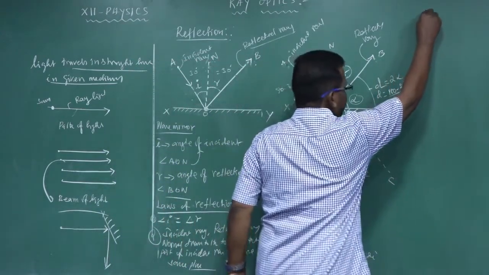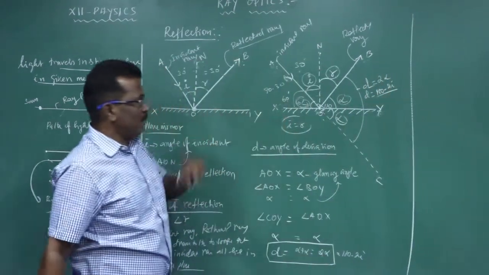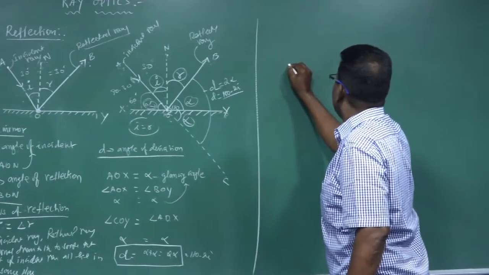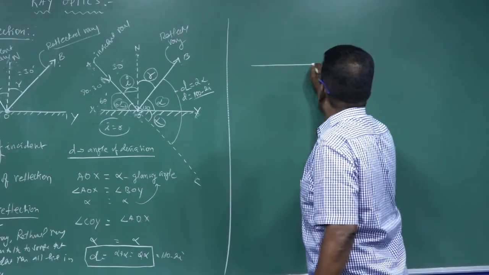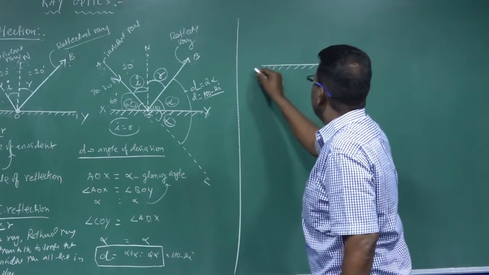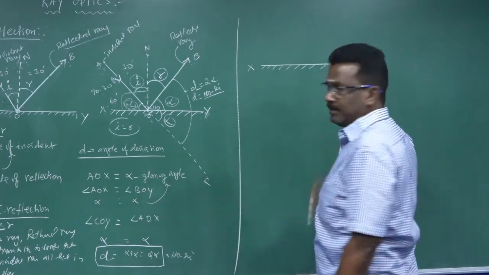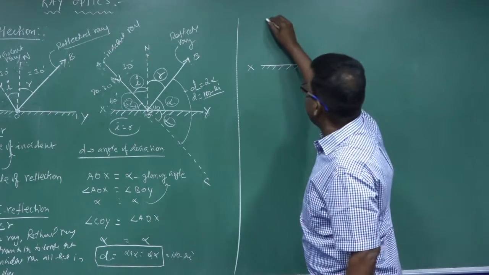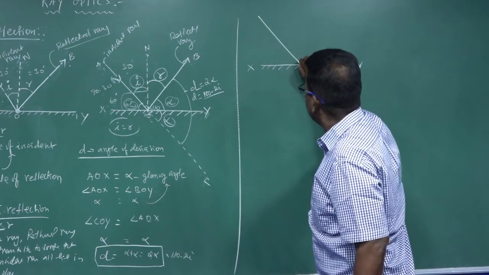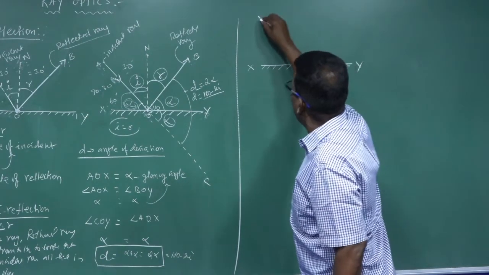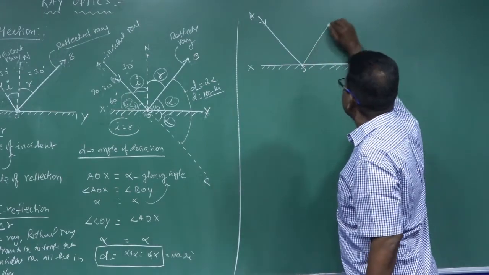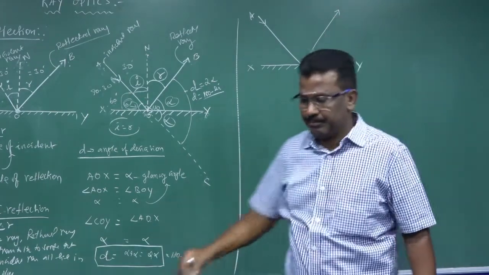Suppose the same plane mirror XY. If a ray of light is incident on the surface at a point O, it is reflected back to the same medium.